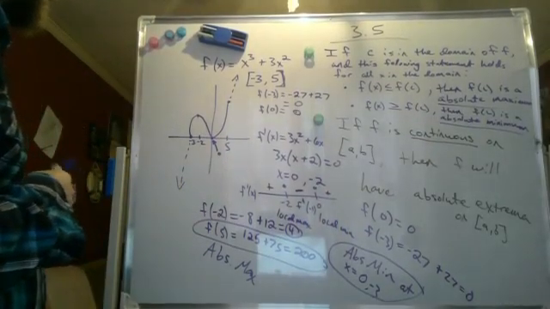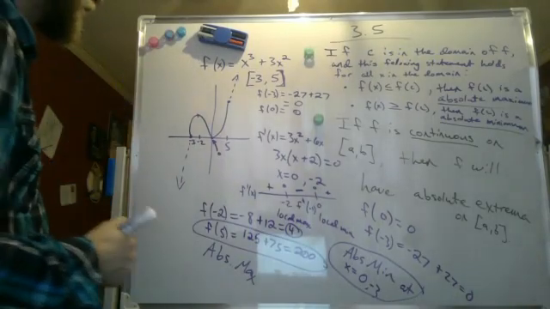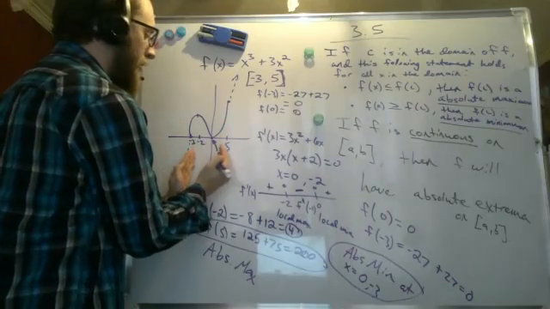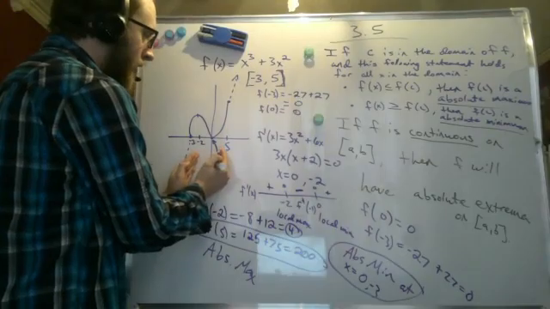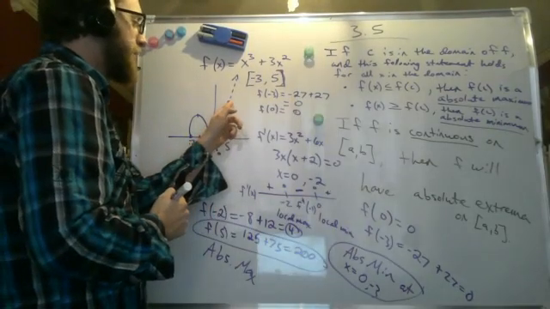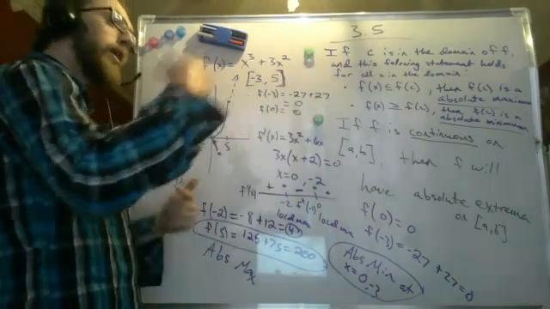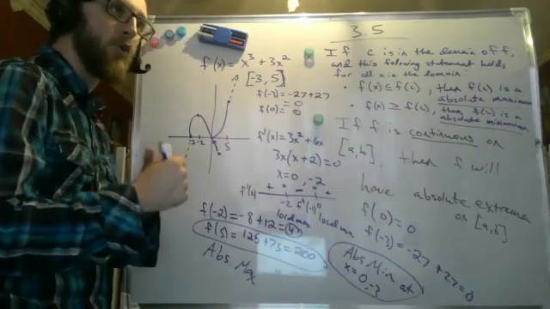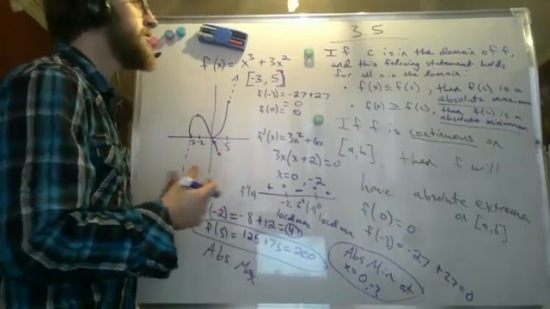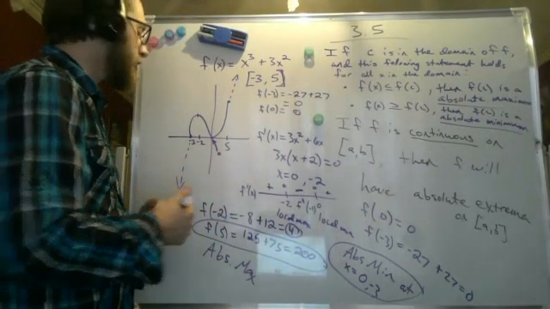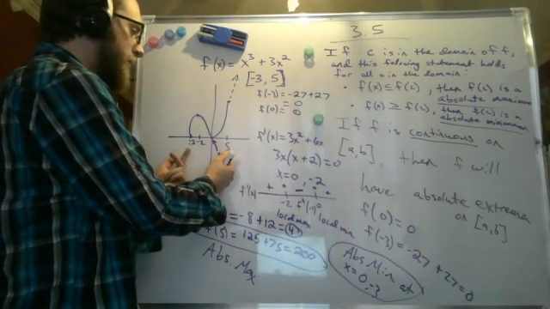Let's see, anything else to note about this? It's also interesting that in this particular case, because we're talking about a bounded domain, this forces us into the situation where we could actually have an absolute max that is not a local max. So what I said earlier about absolute maximums always being local maximums is only true if we're talking about functions that are not over some bounded domain. In the case of a bounded domain, you always have to check the bounds.